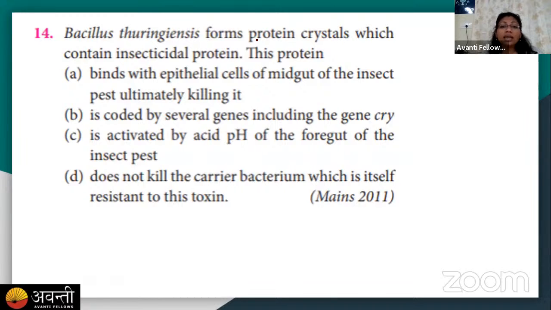Option B says it's coded by several genes including the gene Cry. Option C says is activated by acid pH of the foregut of the insect pest, and option D says does not kill the carrier bacterium, which is itself resistant to this toxin.